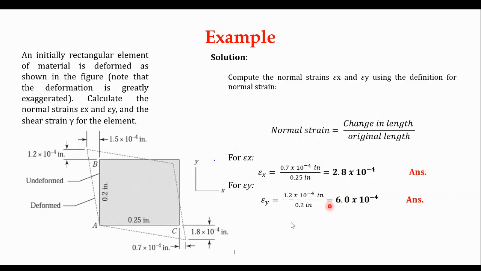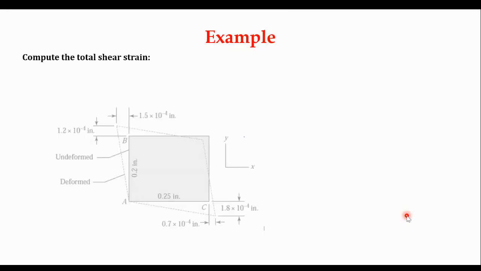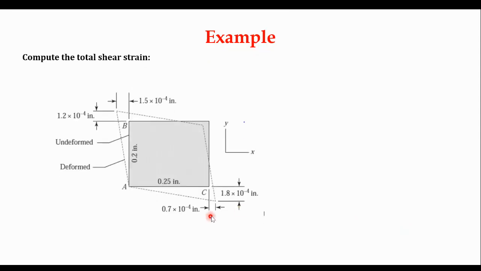Okay, so mauna for normal strain sa. How about for the shear strain? For the shear strain, as I've said earlier, di ba angle ang shear strain? So, dapat opposite over adjacent. Kibali, kung tayo kani, ang ato ang undeformed rectangle and then na-deform siya looking like this.